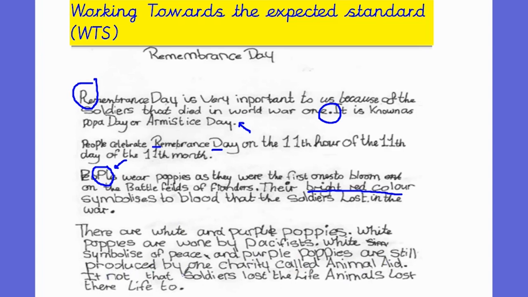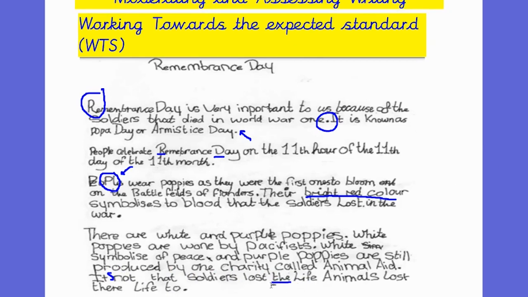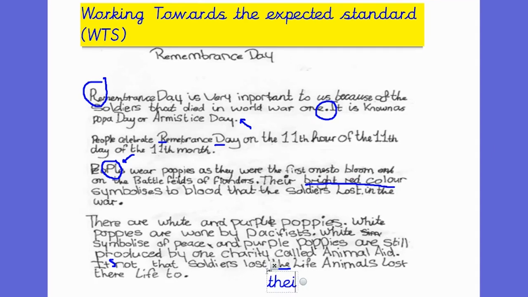It not that soldiers. So here we actually have a missing word. So it's not. Okay, I think it should be it's not that soldiers lost. And here we see the life. If this was written correctly, it should be there, using the correct use of there, and the correct spelling of there, and the plural of life, which is lives.